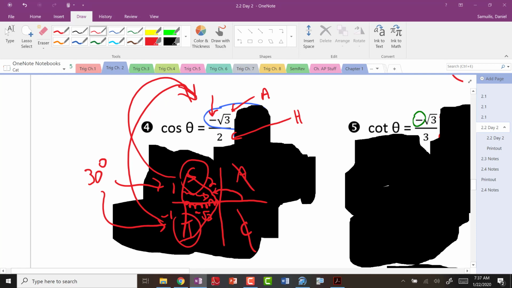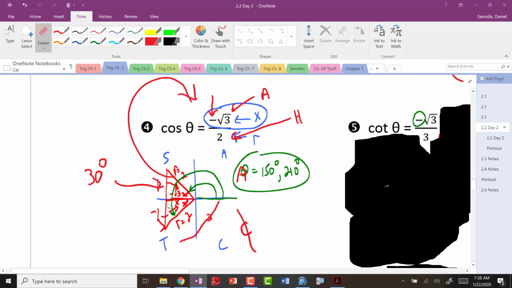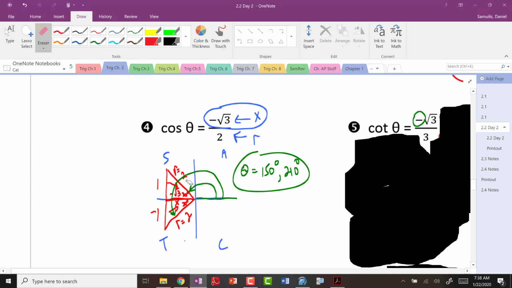Well, it's 30 short of 180. Anyone? And then this is a 30 in quadrant 3. And this is 180 here. And then I want another 30 more. So what angle measure is that? Okay, so there's all my work now revealed a little bit better. Hopefully that makes sense why those are those two answers.